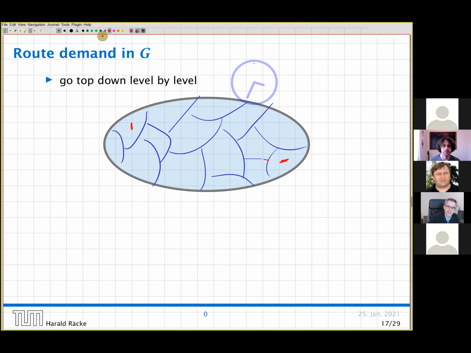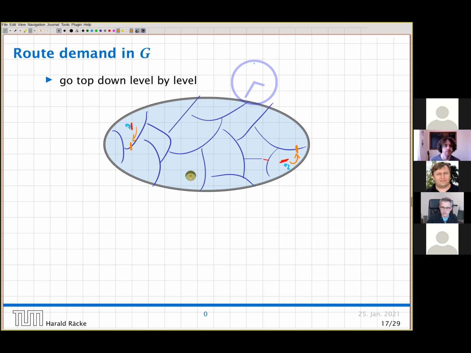Now, if I alter the demand like this, so currently I have to route 1 unit from edge E1 to edge E2. And now I split this up: instead of routing from E1 to E2, I fix an arbitrary edge here and say, you should instead route here. And for the other one, I also fix an arbitrary edge and I say you should go out here. If I change the demand like this, the congestion in the tree doesn't go up.